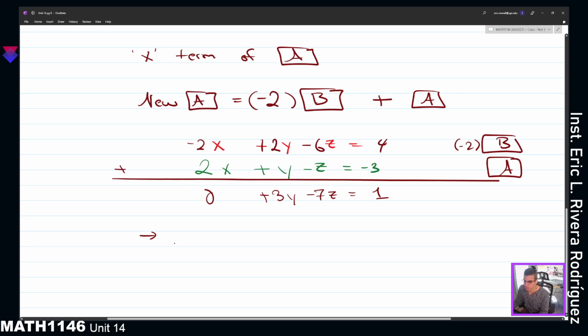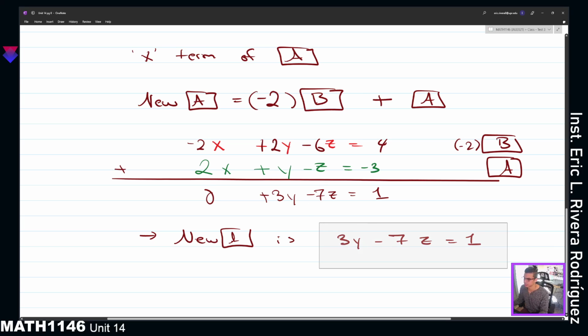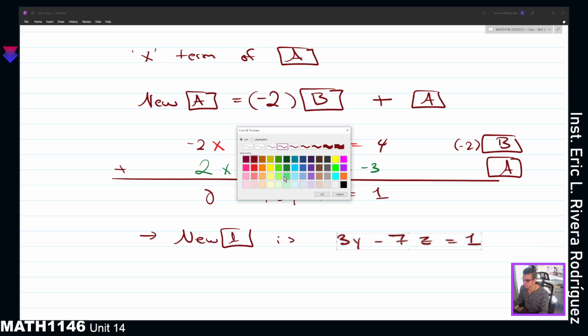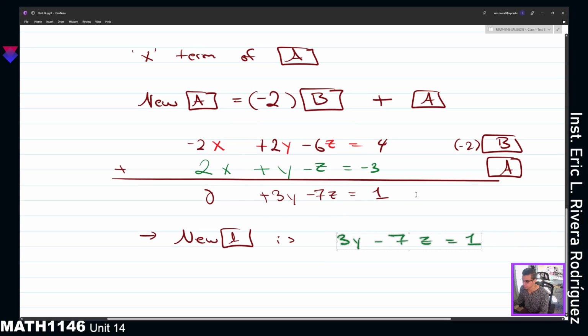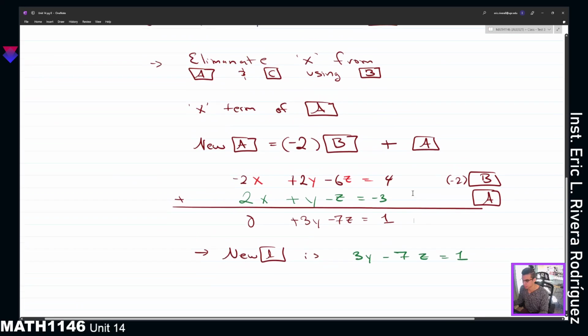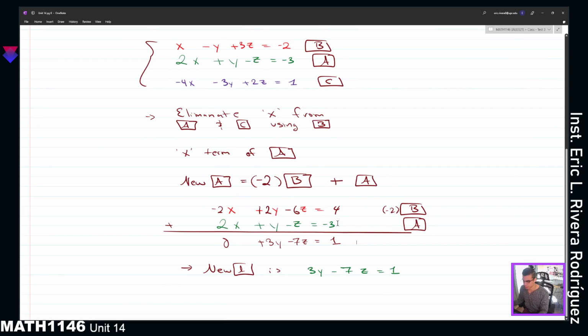So new A is 3y minus 7z equals 1. I'm going to leave it there for a moment.